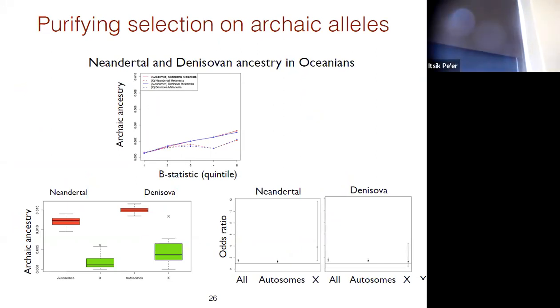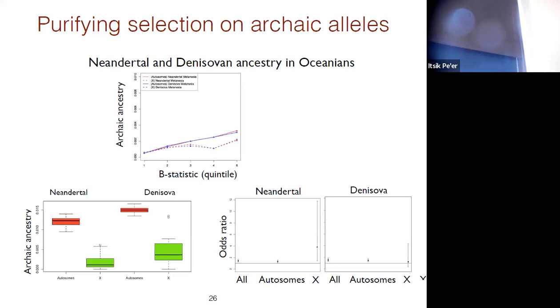We can again do the same analysis where we tally up archaic ancestry frequency across the B statistic. And like we saw for Neanderthal ancestry, we find that Denisovan ancestry decreases as we move towards regions of low B statistic, or larger functional constraint. And this is a trend we see both on autosomes as well as the X chromosome.